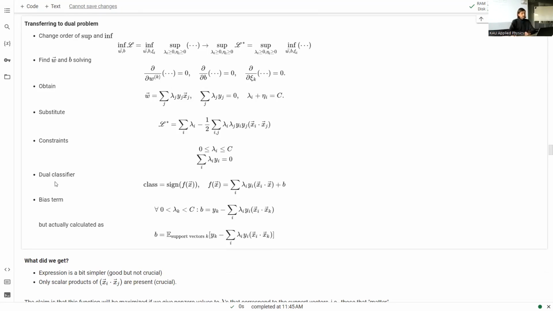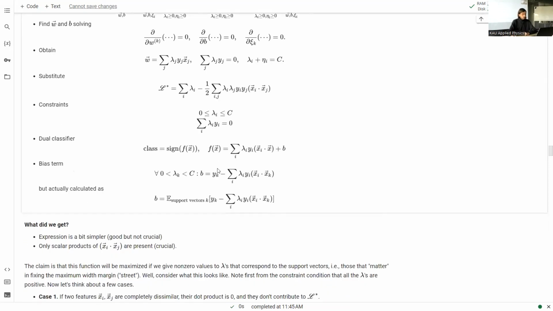How do I perform classification? Substituting back, I can get this sort of expression. So I calculate the sign of f of x, where x is the point that I'm checking to see which class it belongs to. I should calculate this thing, and the sign of this function will tell me which class it should belong to, +1 or -1.